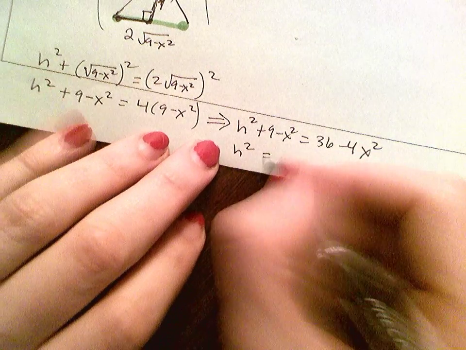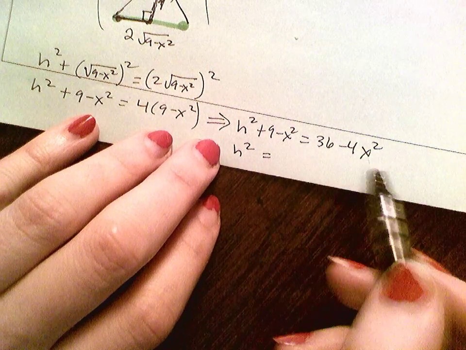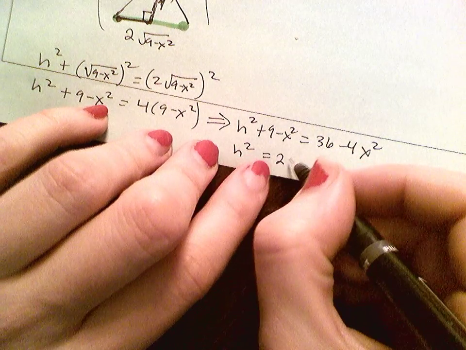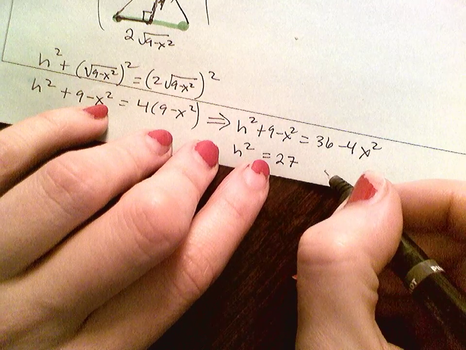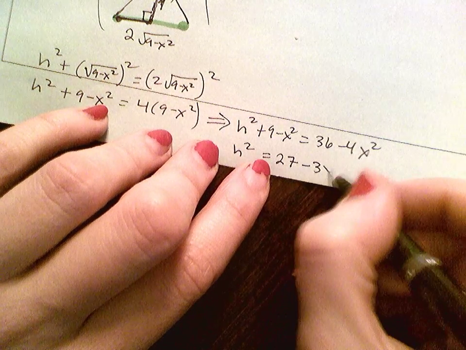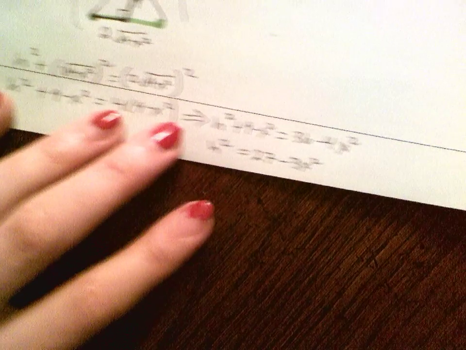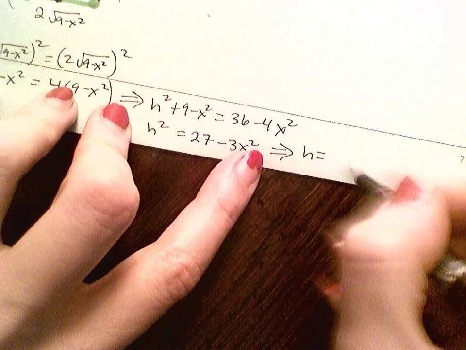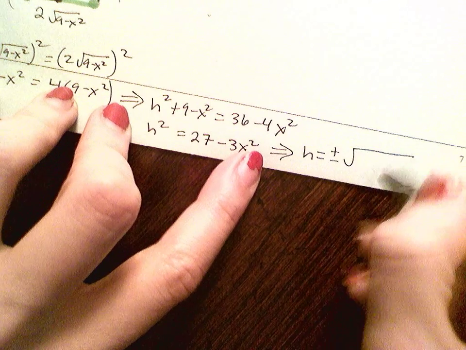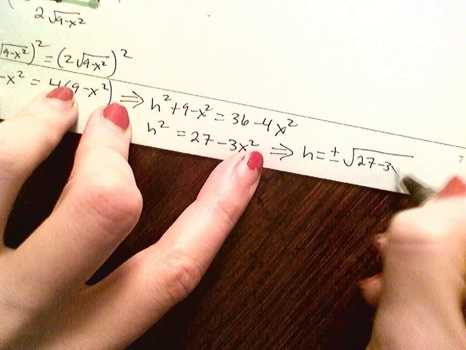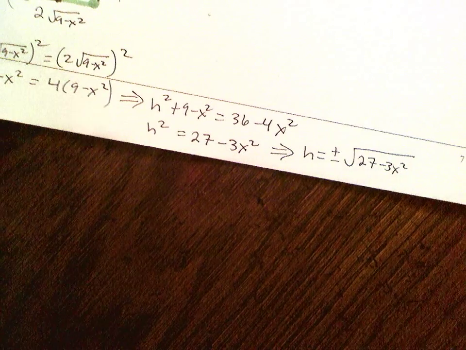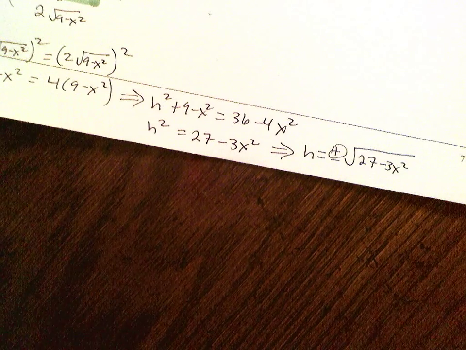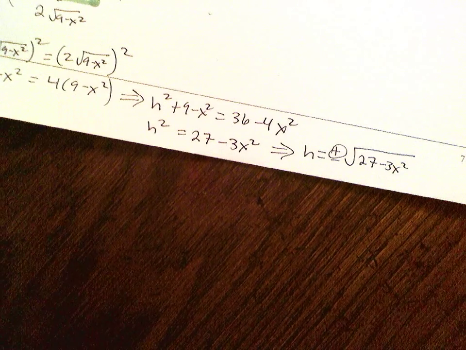I add x squared to both sides and subtract 9 from both sides, so h squared equals 27 minus 3x squared. Then h is plus or minus radical 27 minus 3x squared, and it's just going to be plus, guys, because it's shooting out of the paper, so it has a positive height.